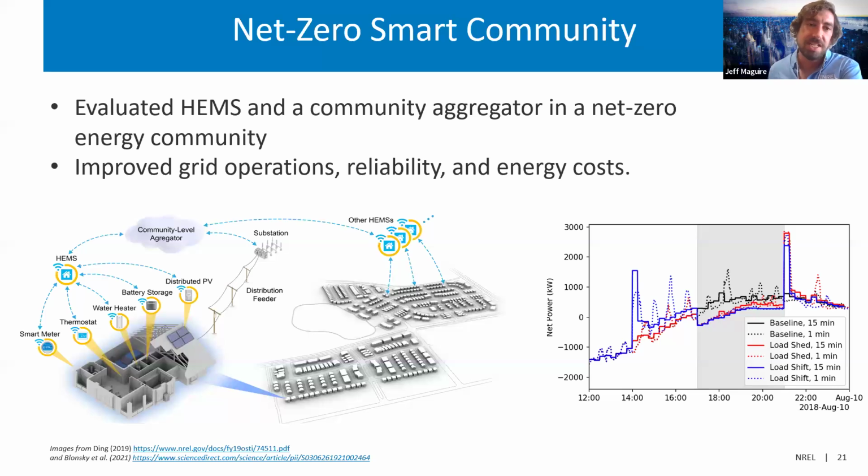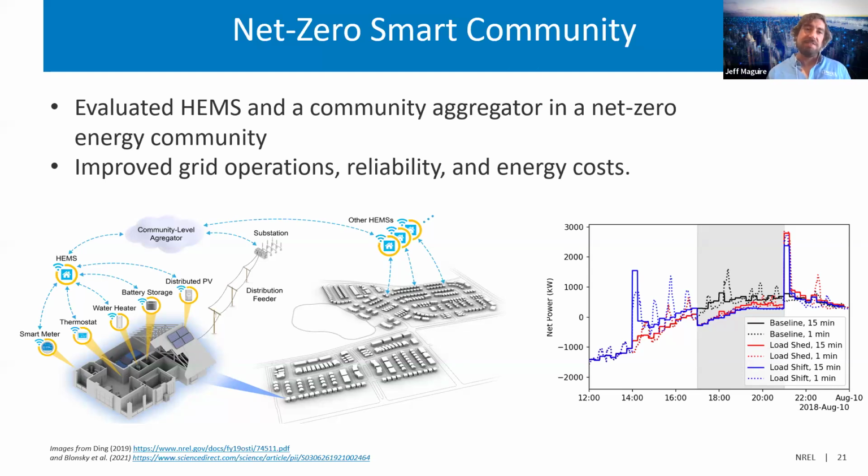The first one I want to talk about is a net zero smart community project. This was looking at deploying HEMS and also higher level aggregator controls in a potential new construction community in Fort Collins, Colorado, consisting of about 500 pretty efficient homes that also had solar, and some homes had storage in them.